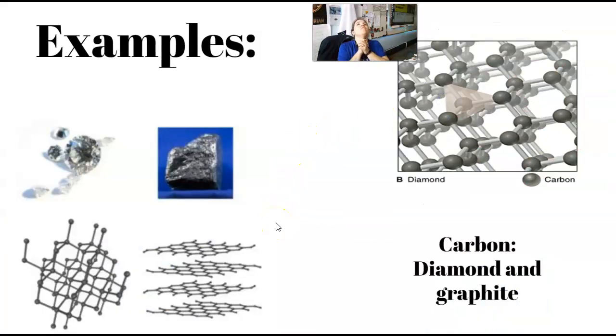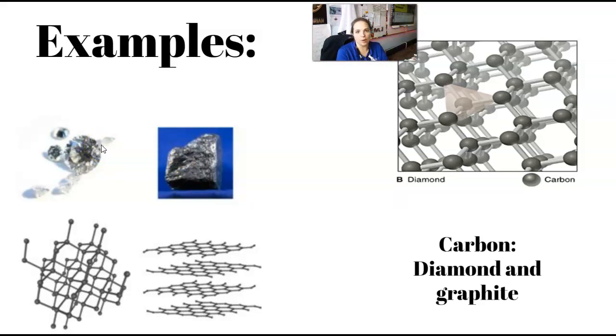And then my favorite element, carbon, in graphite and diamond. This is just carbon all together, right? It's a covalent bond, but because of its structure, it's a network solid. It can form so many different things, from the lead in the pencil that you use to the diamonds, like on my ring.